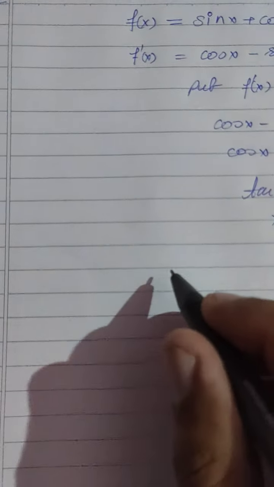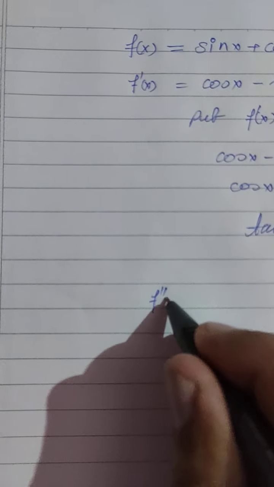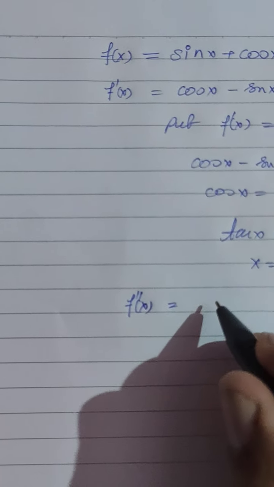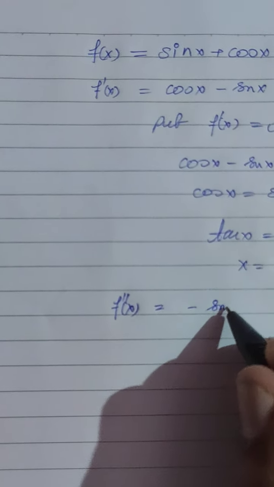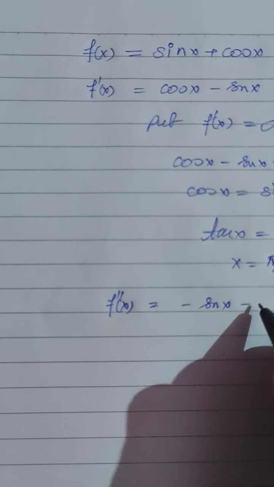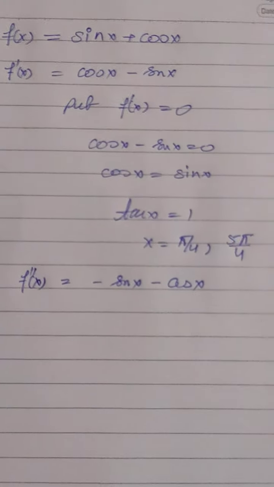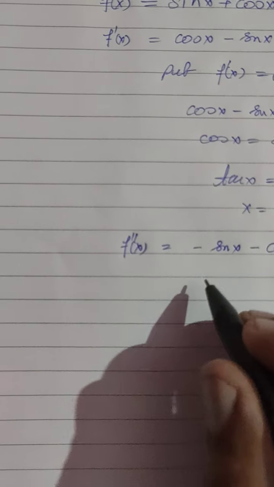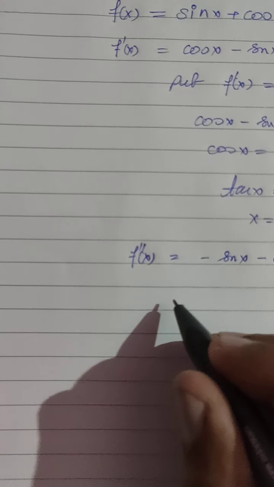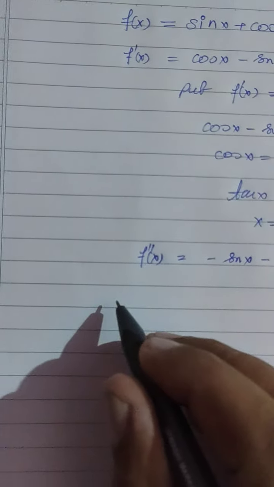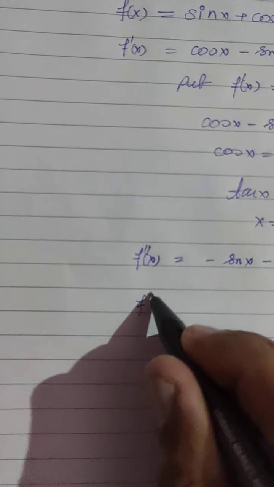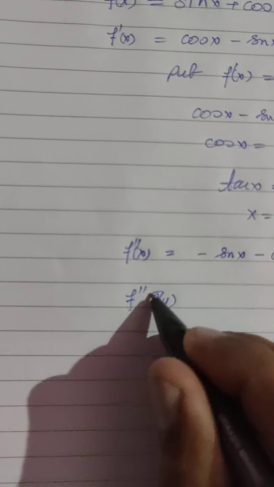Now we need to calculate f''(x). F''(x): derivative of cos x is negative sin x, and of negative sin x is negative cos x. So this is f''(x). We are going to put the value of x in this. First of all, I am going to put f''(pi by 4).